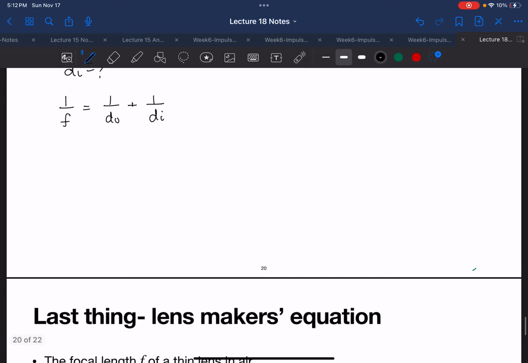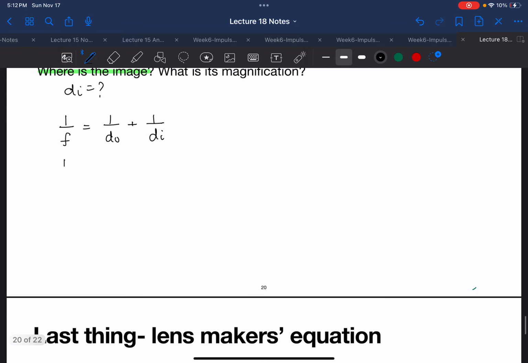And then since we're solving for image distance, let's go ahead and isolate it. That will be 1 over f minus 1 over object distance. And then image distance is going to be basically 1 over f minus 1 over d_o, all to the minus 1. So let's go ahead and plug everything in.